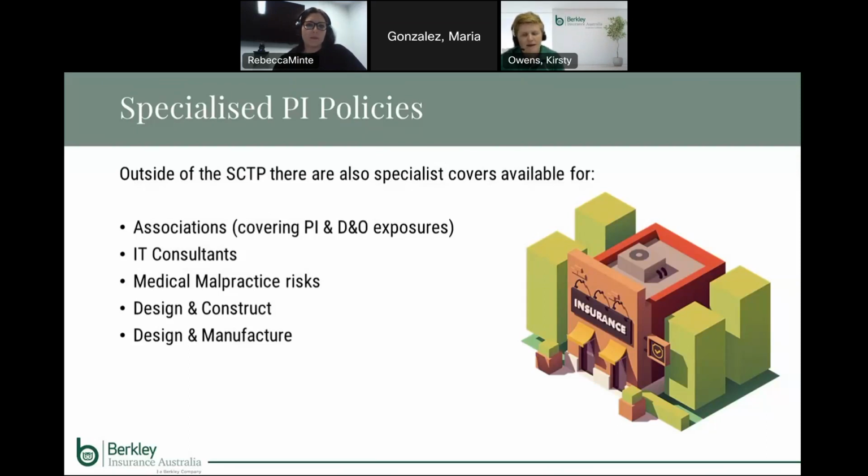In these, you would see that the exclusion does not apply, but however, they are still very much a professional indemnity policy and require some sort of professional service to have been provided in order for the insuring clauses to be triggered under those. Now, before I hand over to Rebecca, I just wanted to check, are there any questions that have come through so far that brokers would like me to answer?